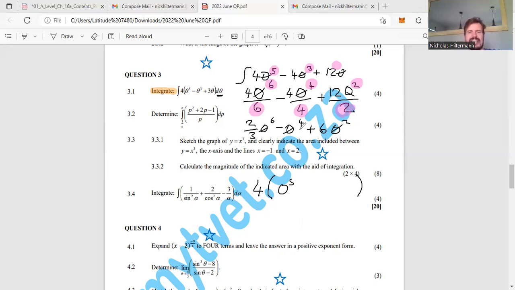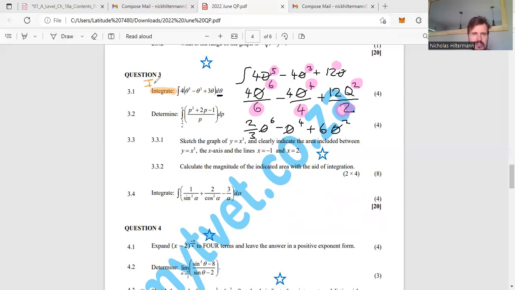So that is called the indefinite integral, because I didn't sub in any values for theta. I just left it as a formula. That was the indefinite integral, because I didn't define a region that I need to find the area of. I just found a formula for the area. So let's just say notation here.